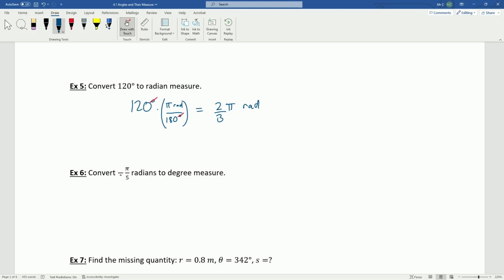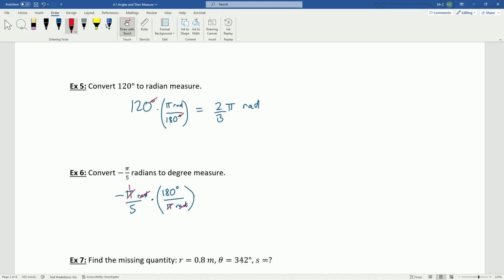Okay, now we've got to convert negative pi over 5 radians to degree measure. So this time I want to cancel radians, so I'll put my pi radians in the denominator, and I'll put my 180 degrees in the numerator. So my pi over pi cancels and gives me 1.